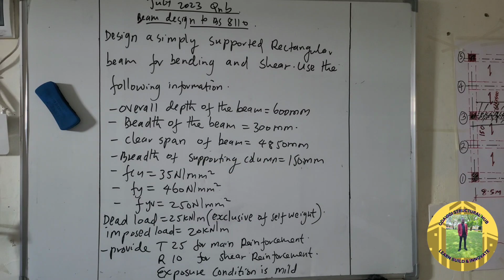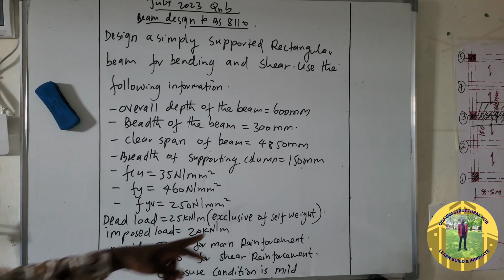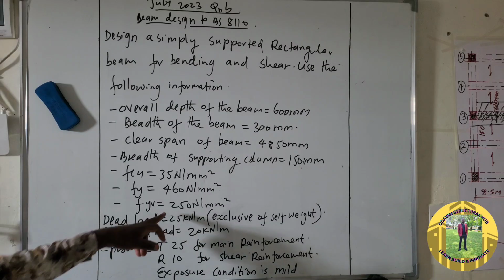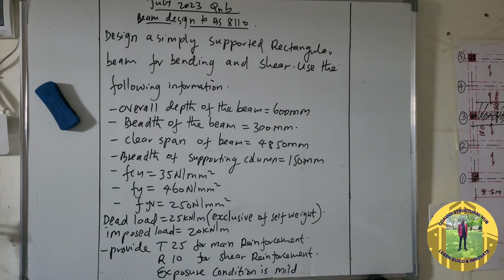Breadth of supporting column, 150 millimeter. FCU, 35 Newton per millimeter square. The strength of the main steel is equal to 460 Newton per millimeter square, and the strength of the shear steel is equal to 250 Newton per millimeter square.